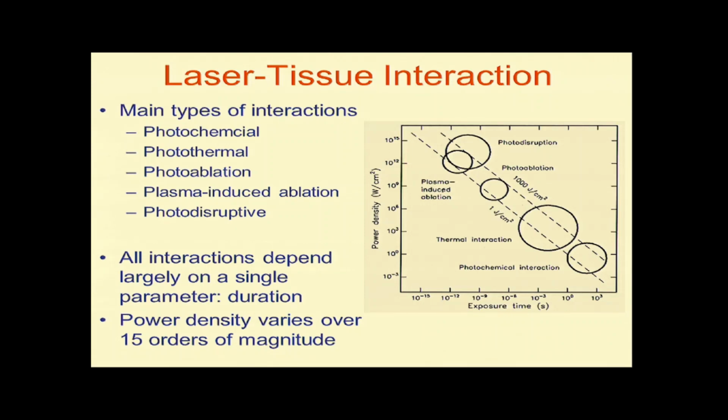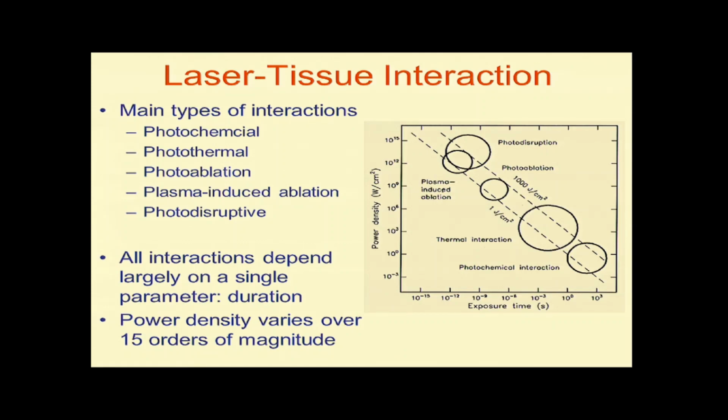There are many types of interaction of laser with tissue, but all of these interactions simply depend on a single parameter, which is the duration of the laser pulse. Long duration, you have photothermal, photochemical interaction. Short duration, you have photoacoustic, photodisruption, plasma-induced ablation, and photoablation, if you wish. So all of this depends on how short or how long your optical pulse is.